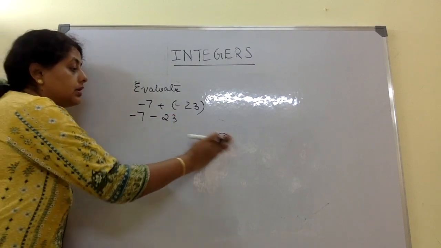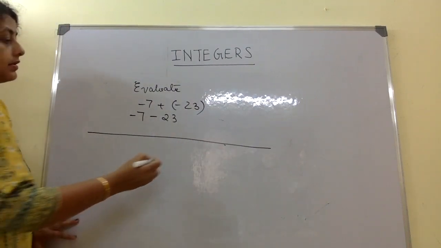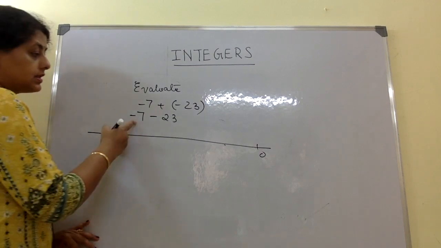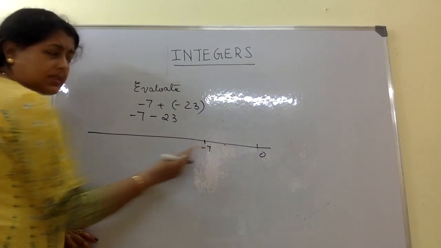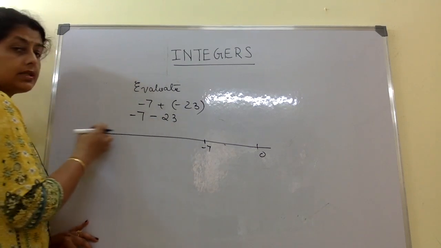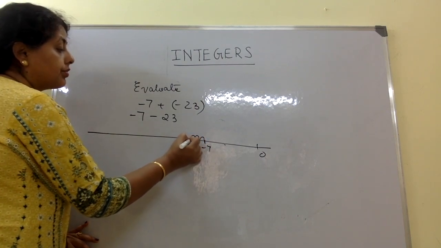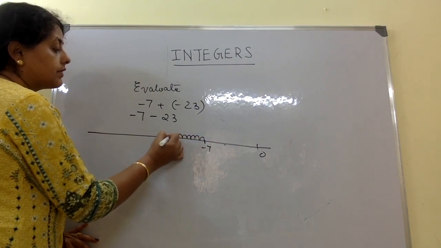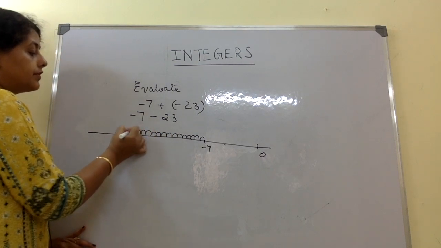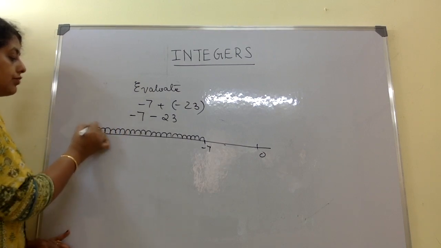Now I'll draw the number line. So here, this is 0. And I will start from minus 7. Maybe it is here somewhere. Minus 7 is here. I will have to go 23 places to the left because it is minus 23. 1, 2, 3, 4, 5, 6, 7, 8, 9, 10, 11, 12, 13, 14, 15, 16, 17, 18, 19, 20, 21, 22, 23.